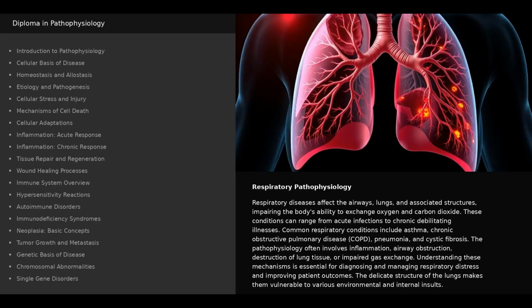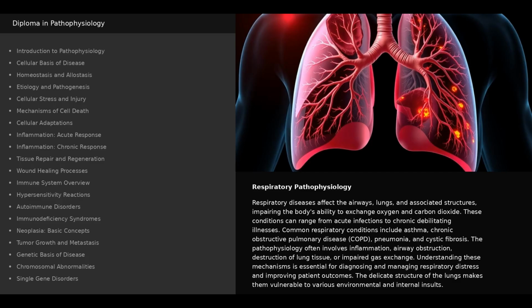Respiratory pathophysiology. Respiratory diseases affect the airways, lungs, and associated structures, impairing the body's ability to exchange oxygen and carbon dioxide. These conditions can range from acute infections to chronic debilitating illnesses. Common respiratory conditions include asthma, chronic obstructive pulmonary disease, COPD, pneumonia, and cystic fibrosis.